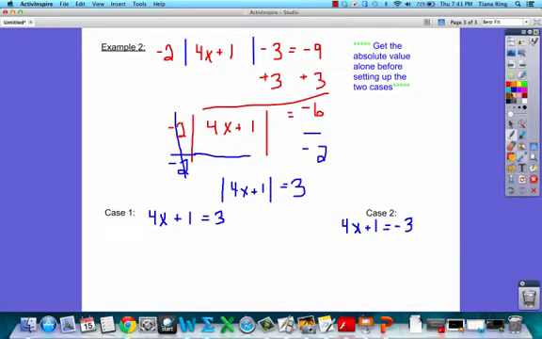Okay, so if we go ahead and start with case 1, first thing we want to do again is to subtract 1 from both sides. Okay, and we're going to get 4x equals 2.